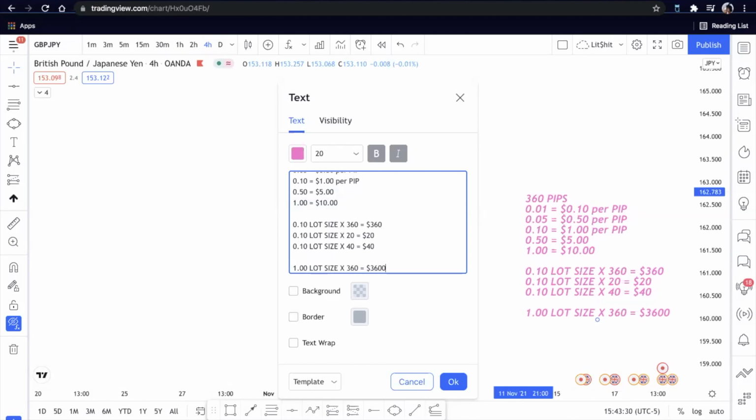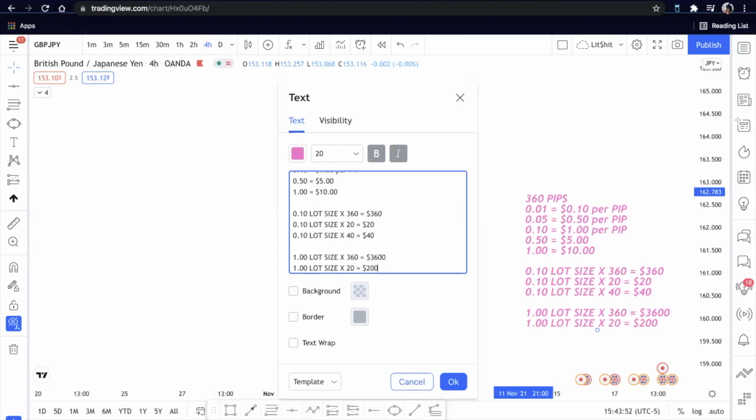Okay, even if you were just trading for the day, like, that's major. Okay, and then of course a 1.00 lot size, and you are using, let's say, 20 pips, or you're trying to catch 20 pips, that would have been $200.